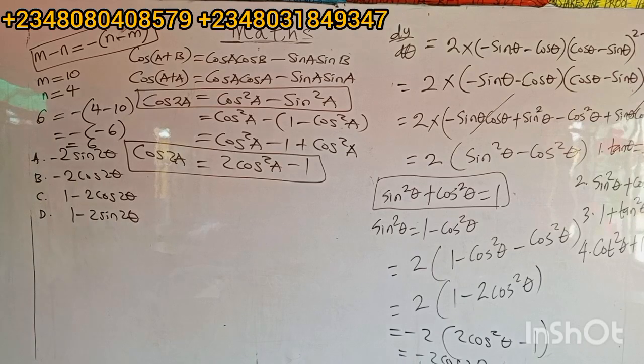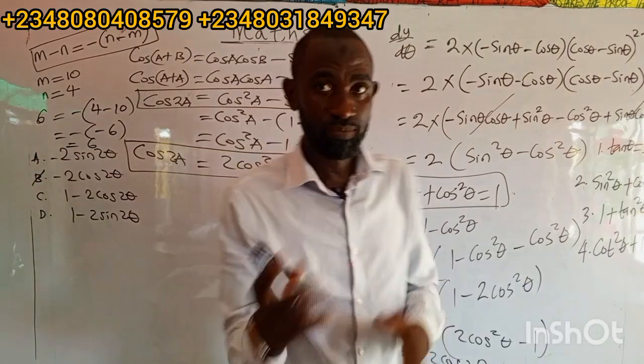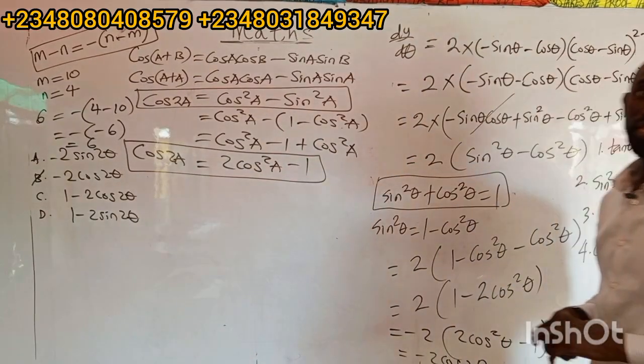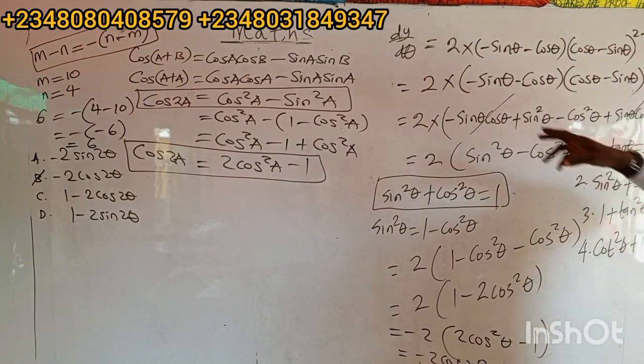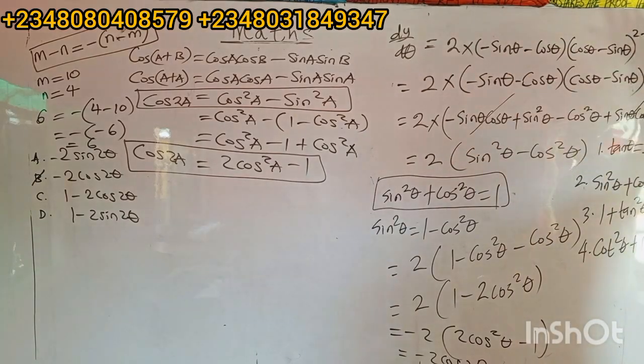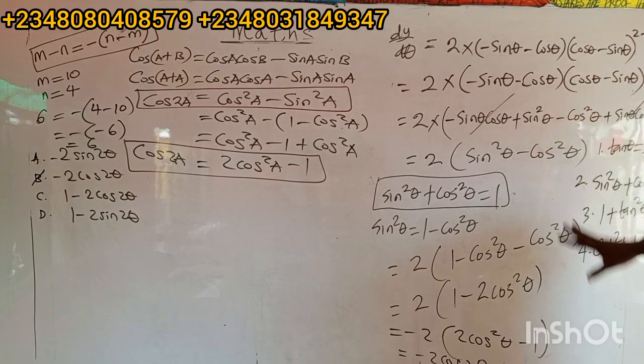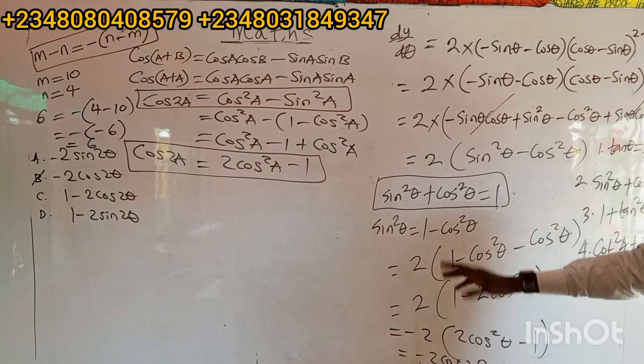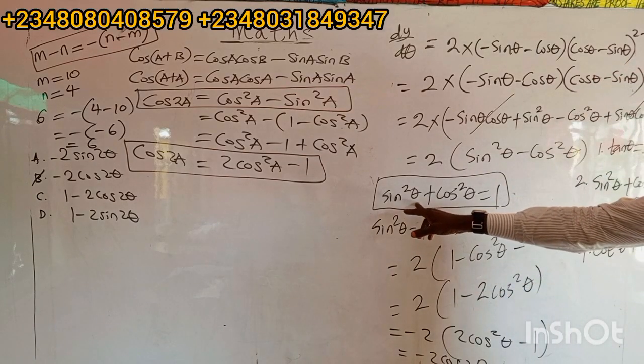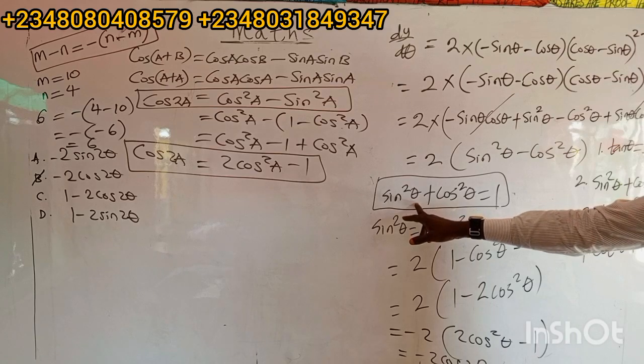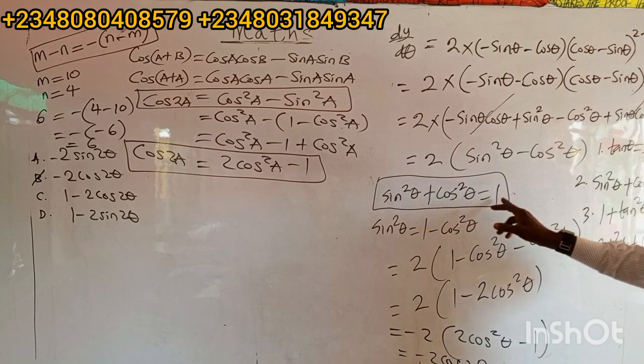The correct answer to that question, this thing is long. Just pause the video and see the way I explain the work. I'm moving from calculus into trigonometry. See the rule. Double angle formula is a fact: sine square theta plus cos square theta equals 1.